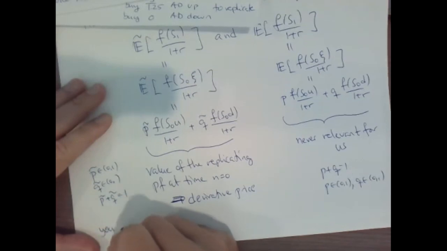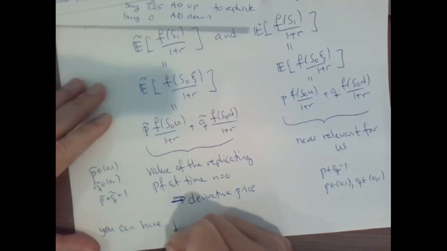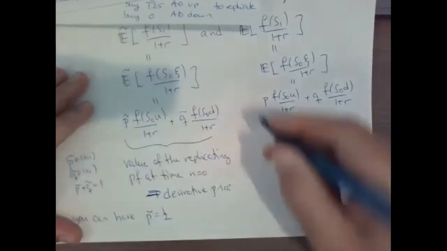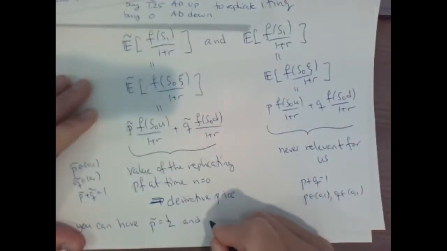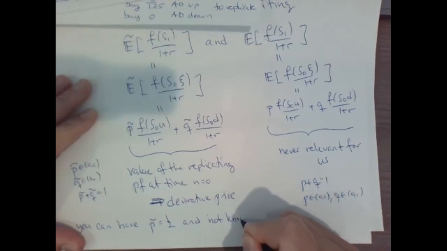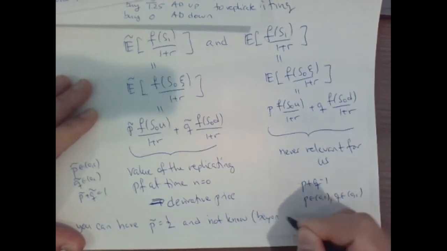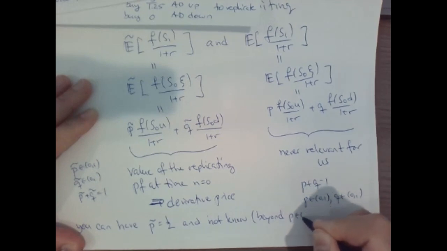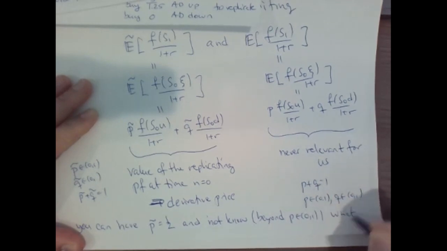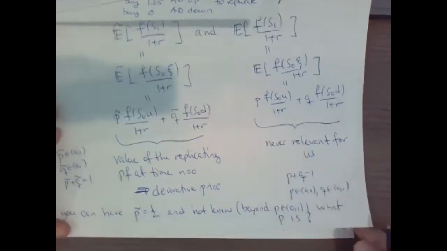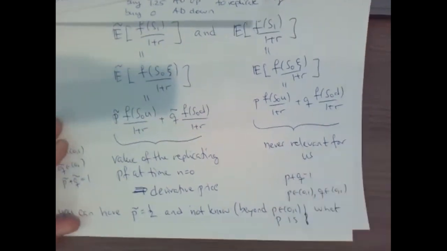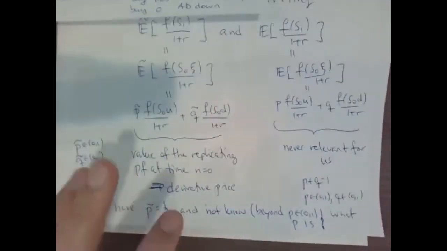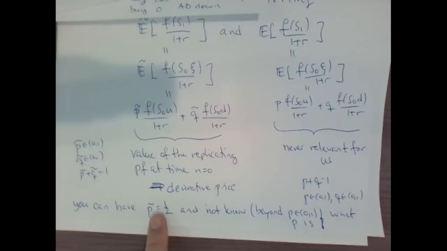Got it. So in this example, you can have P tilde being a half and not know what P is, beyond P being a number between 0 and 1. Right, so in this example we had exactly this case: P tilde was a half, and we don't know what P is.